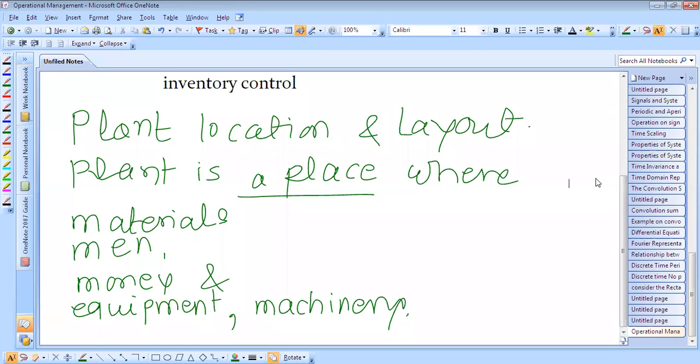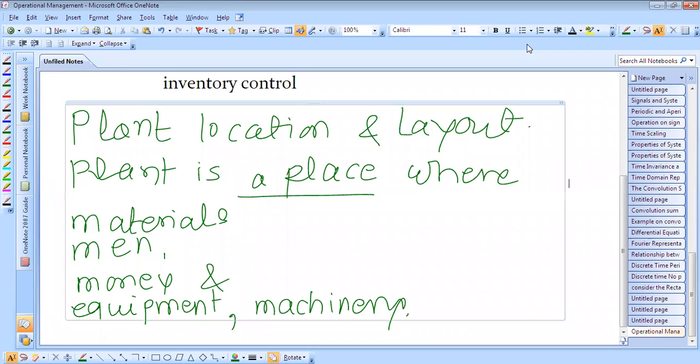Next we have to discuss the plant location and layout. Where should we select the plant location? The problem of plant location arises when starting a new plant or during the expansion of an existing plant.